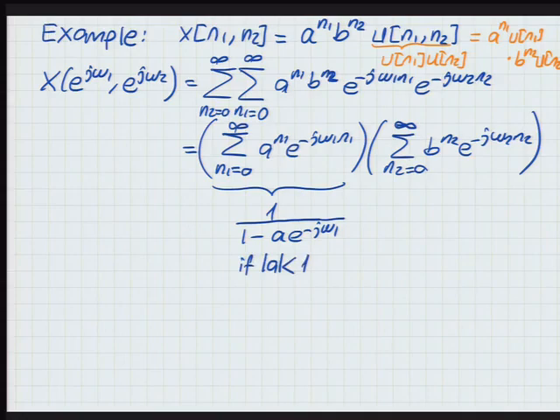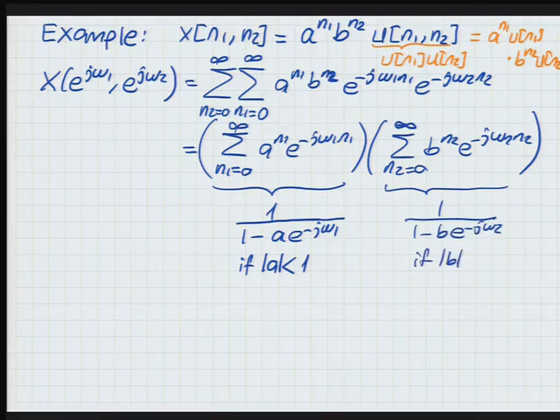Okay. And this guy similarly is 1 over 1 minus b e to the negative j omega 2 if b is less than 1. Okay? So a being less than 1 and b being less than 1, they are basically the absolute integrability condition, right? So under that condition, we get the Fourier transform to be the product of these two terms.